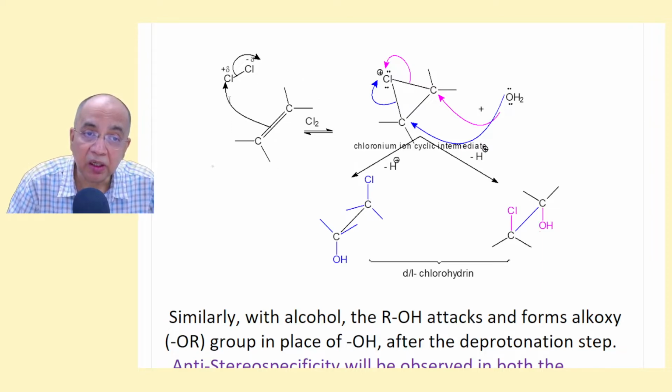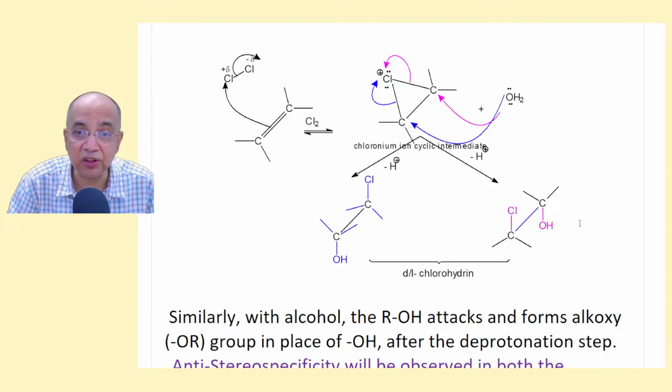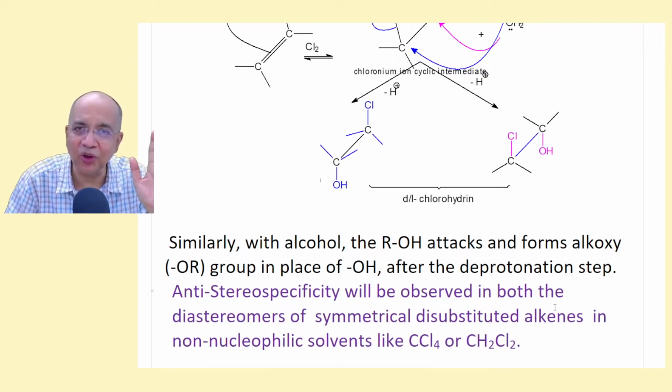So one stereoisomer will give you one stereoisomeric pair, supposing erythro D and L pair, and the other stereoisomer trans will give you another stereoisomeric pair. So this is one pair, and if you just switch here to make it a diastereoisomer, then you get the other diastereoisomeric pair.